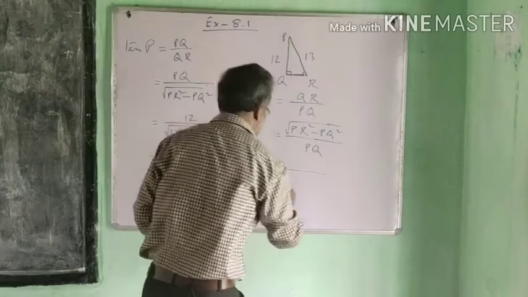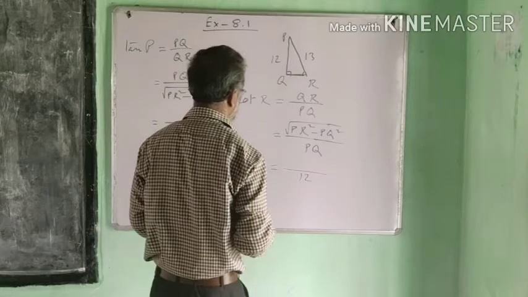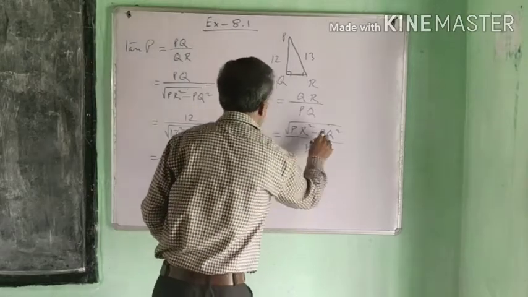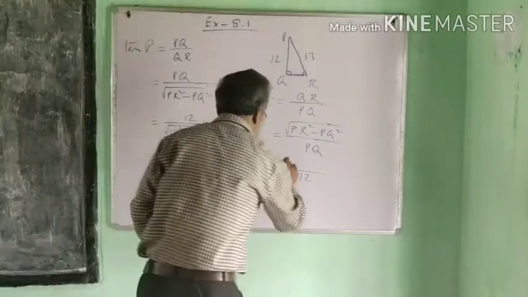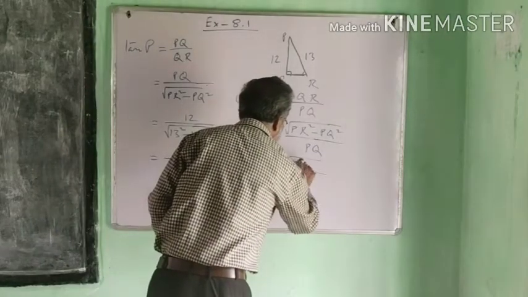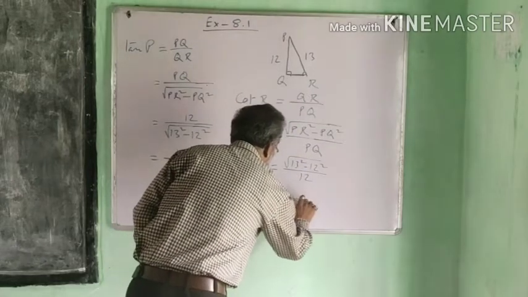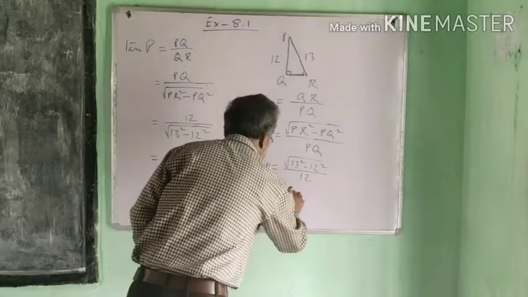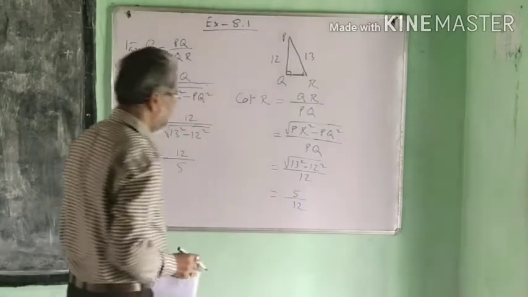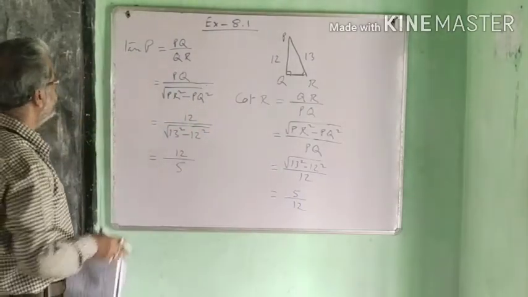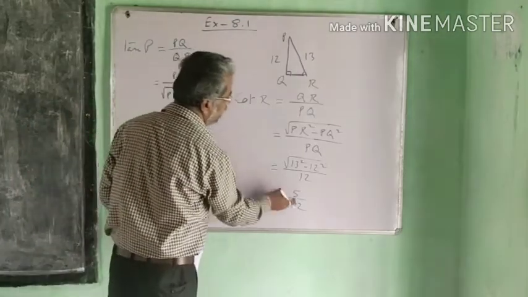Now, PQ is 12 and PR square minus QR square, we already got, 13 square minus 12 square. Root over 13 square minus 12 square by 12 is 5 by 12. So tan P is 12 by 5 and the cot R is 5 by 12.